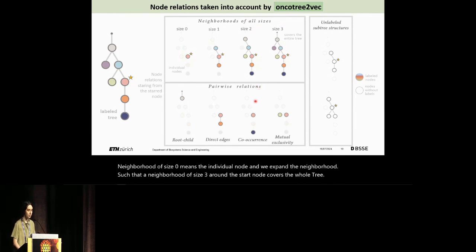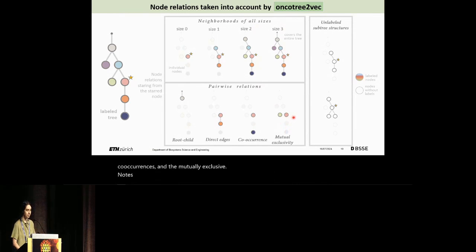In addition, we take into consideration pairwise relationships between the nodes, and these are biologically relevant. These are the root-child relations, the direct edges, the co-occurrences, and the mutually exclusive nodes in the mutation tree.